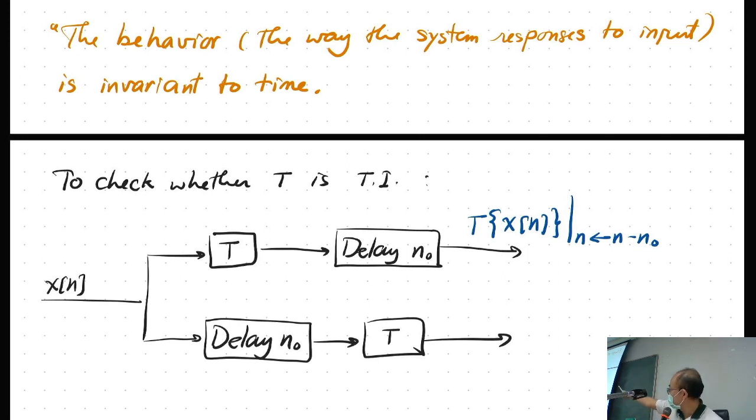That is the signal that comes out at the top. The signal that comes out at the bottom would be T with the input shifted by n0 samples.